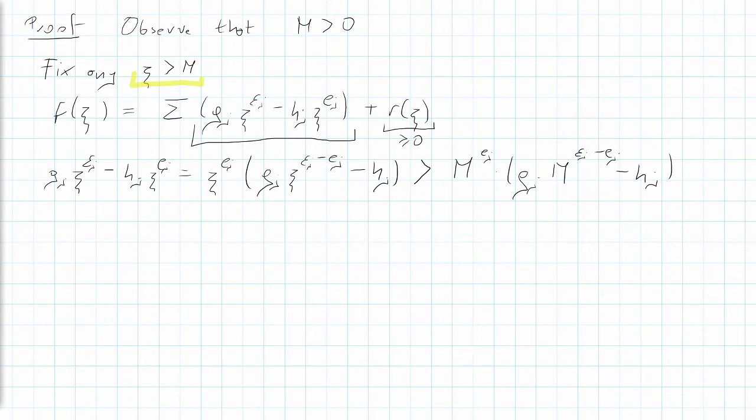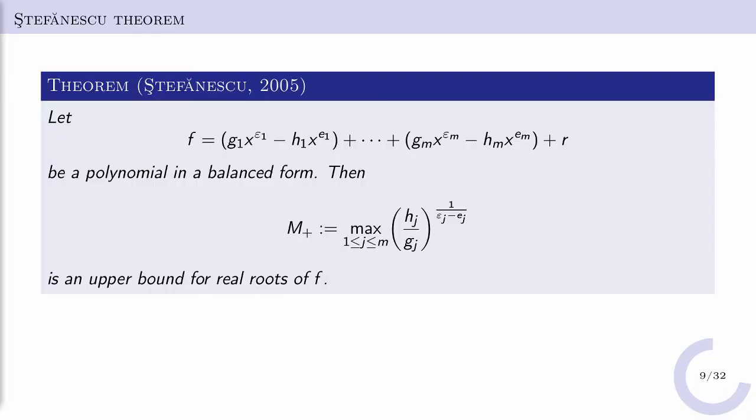But now recall what m was. If we look here, and we recall the definition of m, we can replace m by this expression. So m is the maximum of this. If we replace m by this expression, we will not increase the value of our expression.